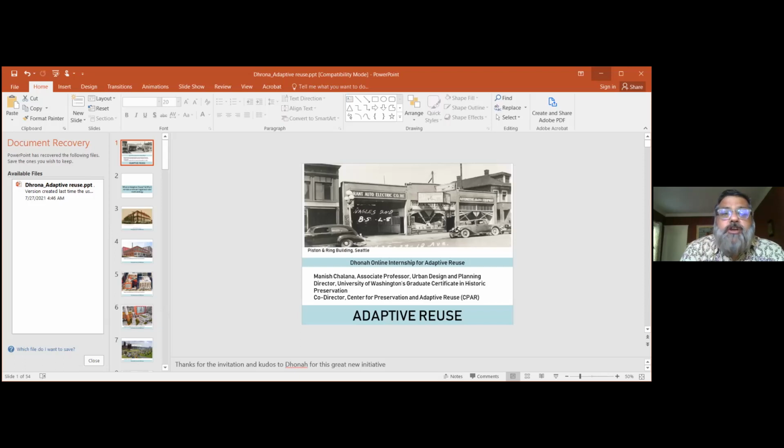So it meant that if you were adaptively reusing an old building, just an old building, it didn't have to be even listed on the historic register, or recognized at any level. If you were investing in the upkeep of that old building, I think the provision was also revenue generation. So there was a revenue thing there also.